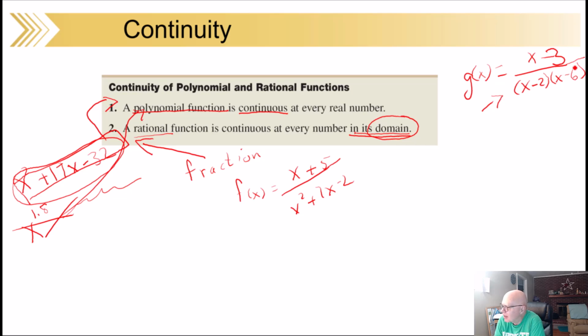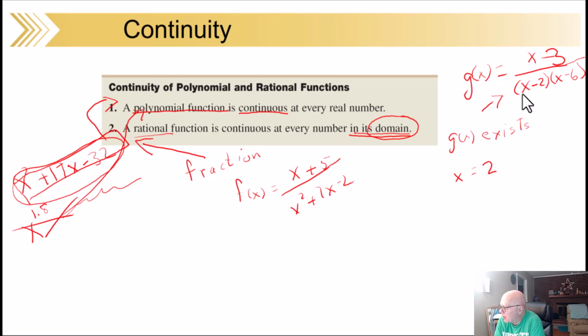And the domain depends on what you see in the denominator. Now, the reason I put this in factored form is that there are two catches to this whole thing. G of x exists; in other words, that y value exists almost all the time. But imagine what happens when x equals 2.